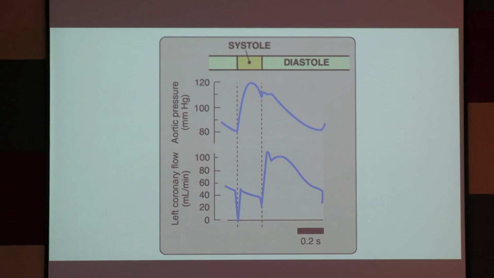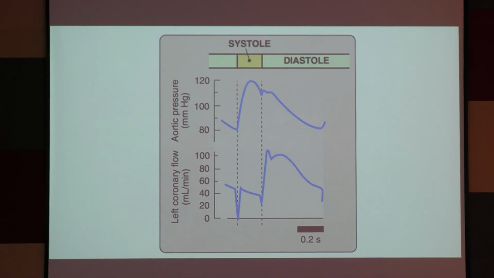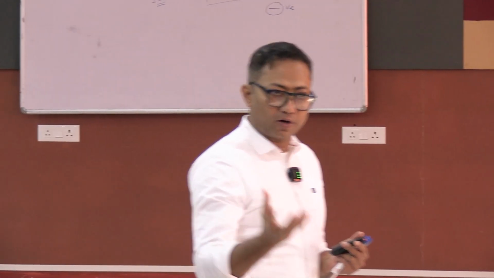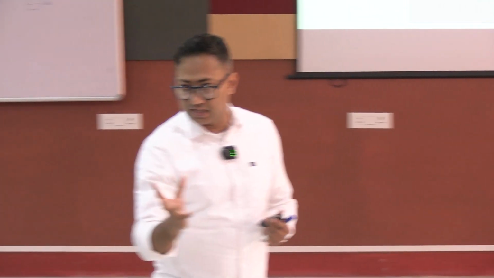And during diastole, this squeezing effect is not here, and your myocardium is getting blood, okay? So the contradiction is that all of your organs are getting blood during systole, but your left ventricle is such an organ which is getting blood during diastole, okay?